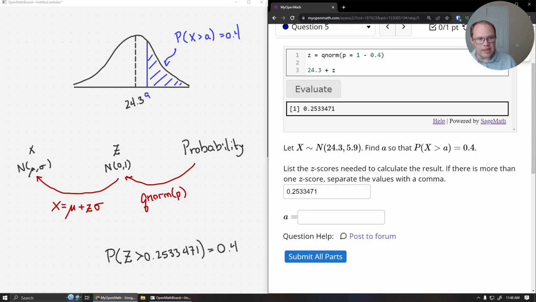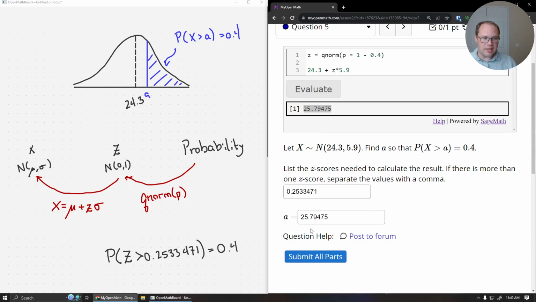I'll just type z since I stored that big nasty z-score in variable z, so I don't have to type all that out again. And then multiply by the standard deviation, which is 5.9. So all I'm doing is using this formula here, plugging in the mu, the z, and the sigma that I know. Okay? And I get 25.79475.